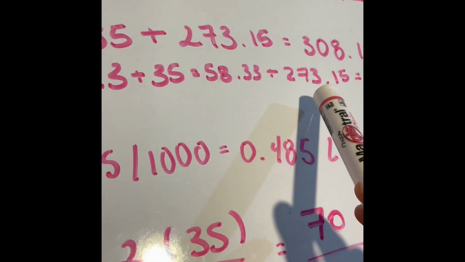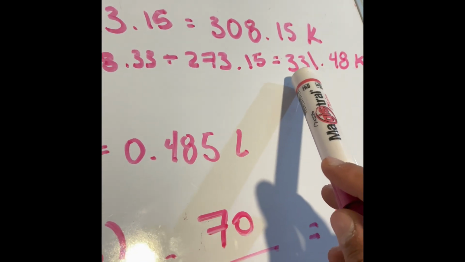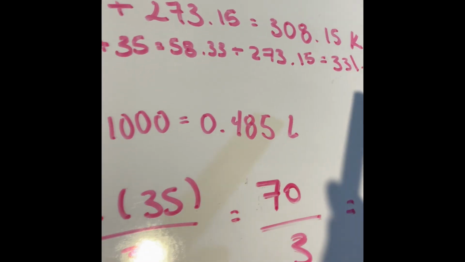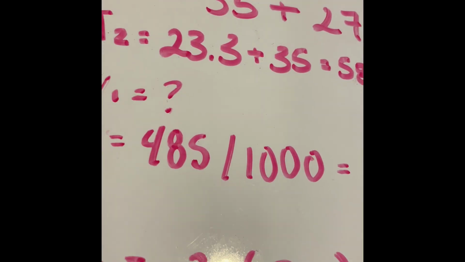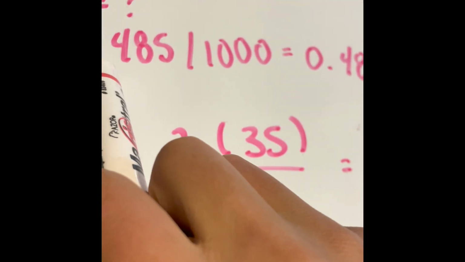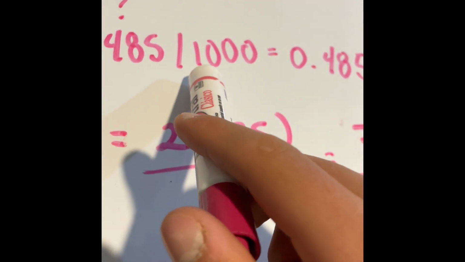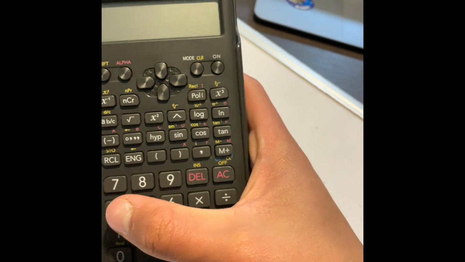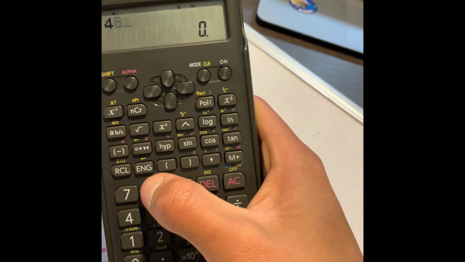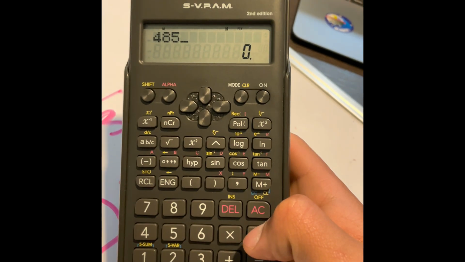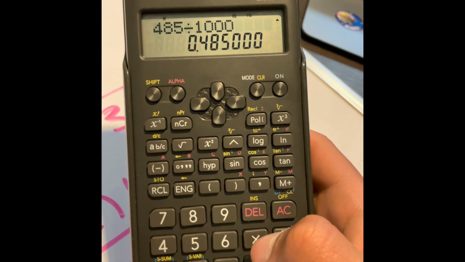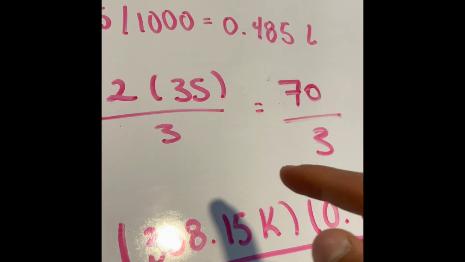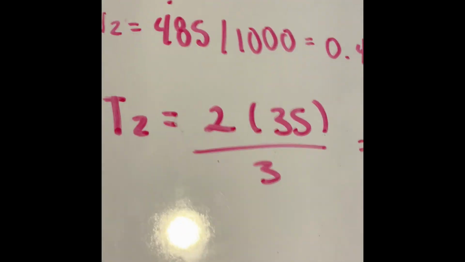plus 273.15 equals 331.48 Kelvins. So V1 we don't know, that's the volume of the hydrogen that we need to find. Well, V2 is 485 under 1000 and equals 0.485, and then I will explain something real fast.